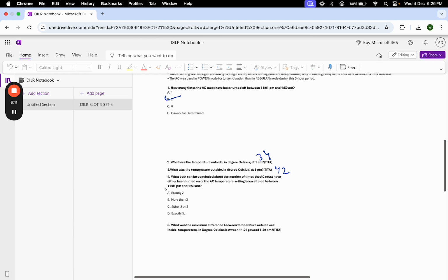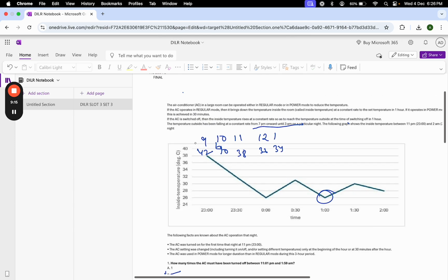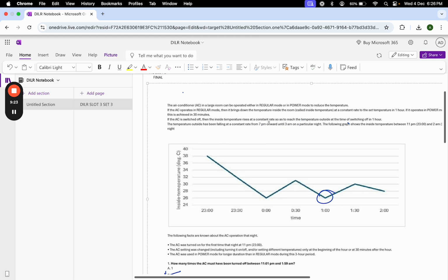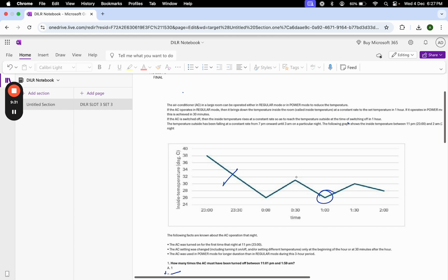At the time the AC must have been either turned on or the AC temperature settings have been altered between 11 to 1:59 p.m. So they have said 11:01 to 1:59. This is what they are asking, how many times the AC has been turned on or the settings have been changed. So the very first time settings have been changed here. The second time the AC was turned on here. The third time the AC was turned on here.